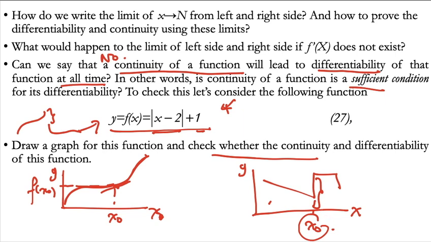It cannot be differentiated at all. So what does it mean here? Can we say that continuity is a sufficient condition for differentiability? No, it's just a necessary condition, but it's not sufficient to allow us to differentiate a function at a particular value of x, for instance, x naught.